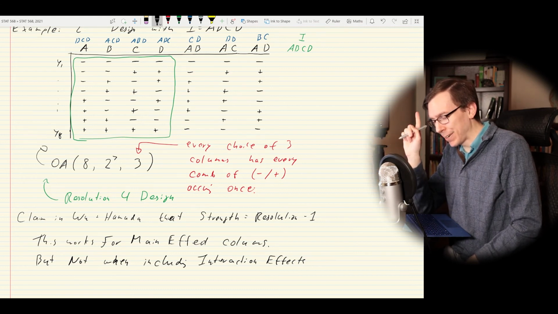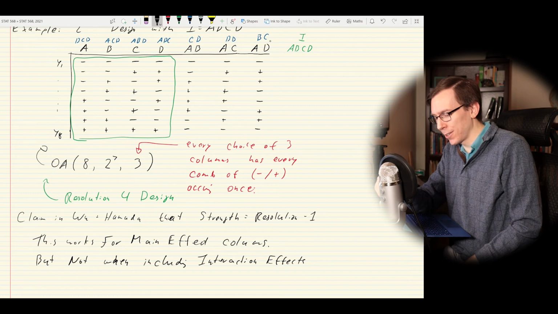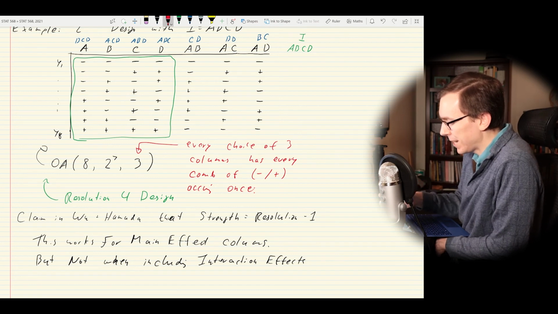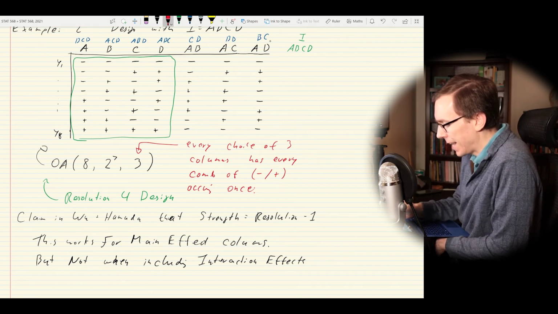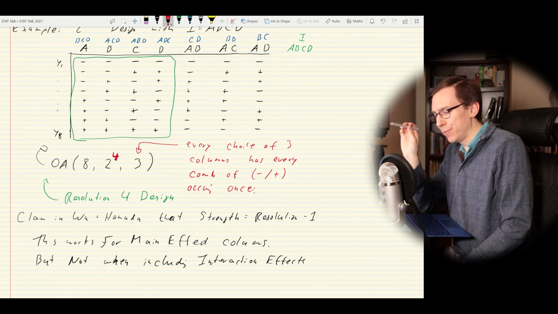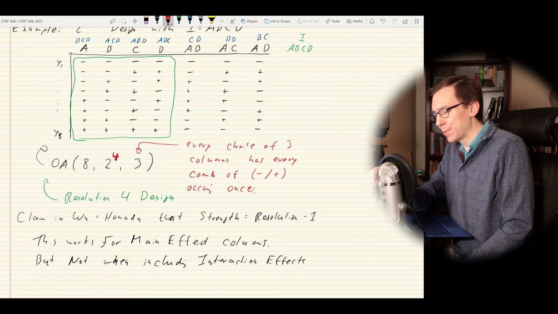So I needed to be very specific and say that this orthogonal array here is corresponding to our 4 main effects and not the entire table, which actually makes me think that I should probably change the notation here, apologies for that, to be a 2 to the 4, because I have exactly 4 columns with my symbols such that every pair works.